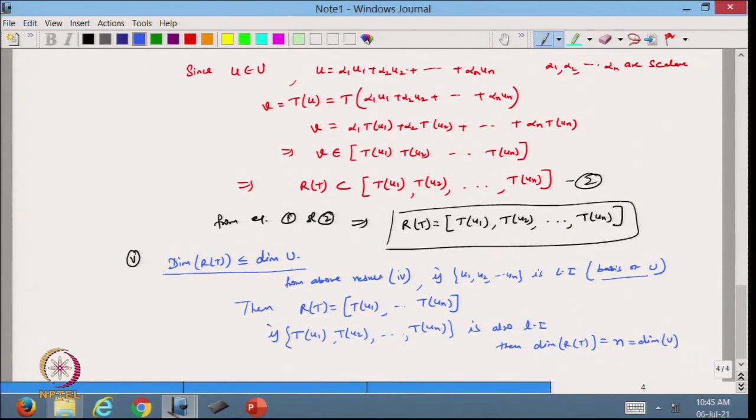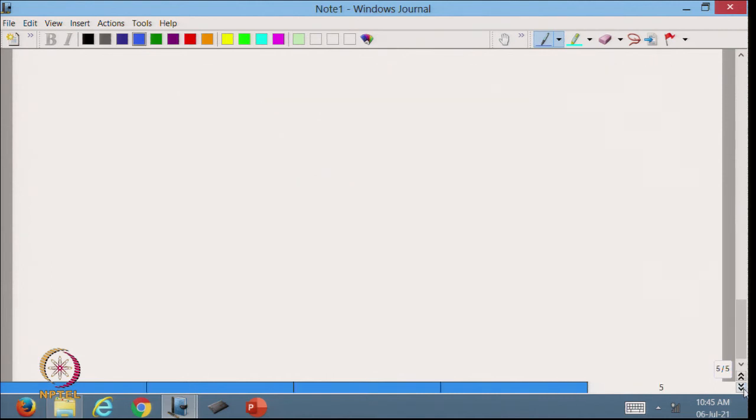And if the set T(U1), T(U2), up to T(Un) is linearly dependent, then I can remove those vectors which are linear combinations of the previous ones. Then I can say that the dimension of R(T) will be less than n.